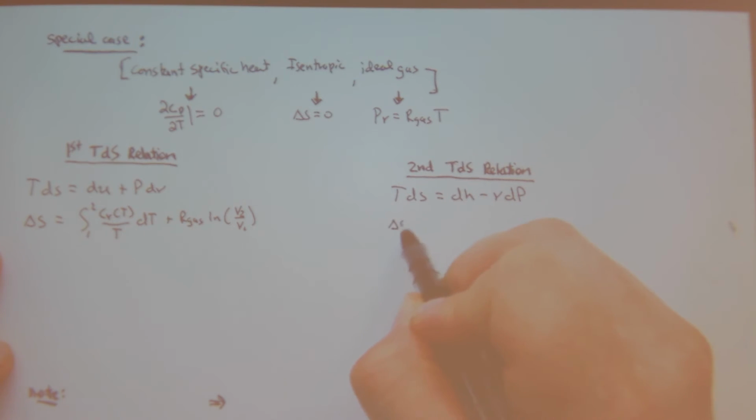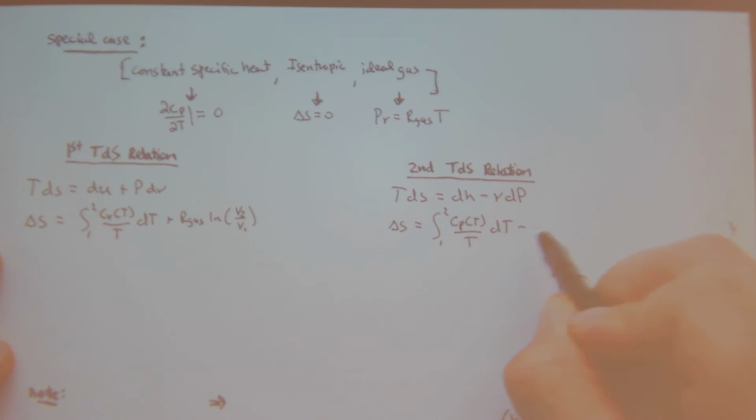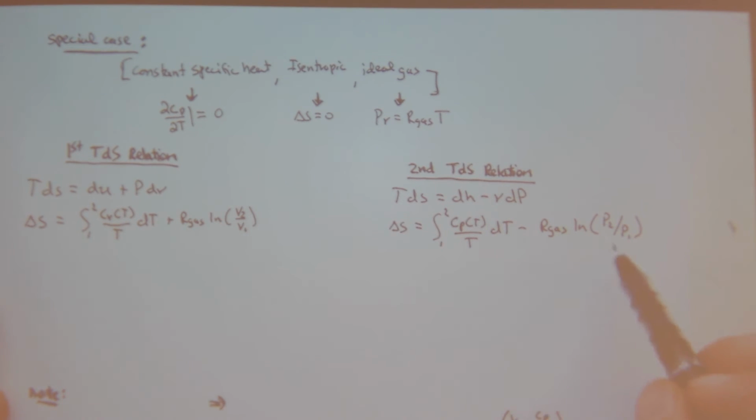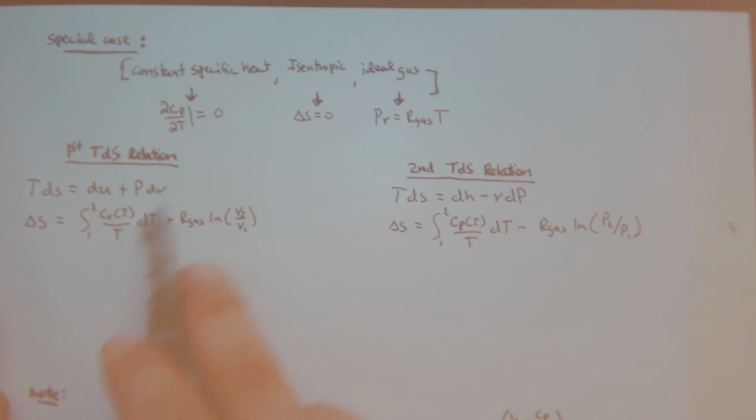Likewise, dS is equal to the integral from 1 to 2 of Cp of T over T dT minus R gas natural log P2 over P1. So of course, when I do all the integration, I just use the ideal gas law to get this part simplified, and now I have Cp and Cv, they're constants, so I can move them outside, right?